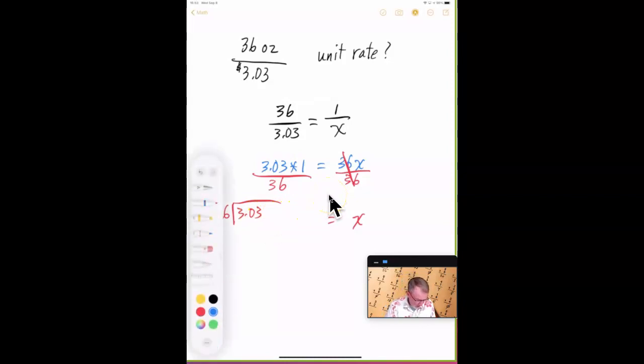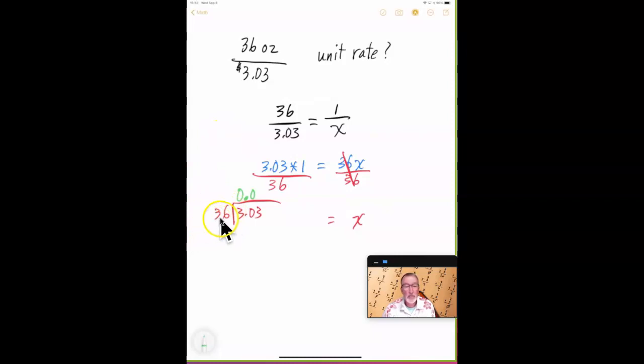Let me change colors here. Let's go to green. All right. So 36 won't go into 3, so it's a 0. 36 won't go into 30 either, so that's another 0. 36, will it go into 303? Well, not quite 10 times. Maybe 9 times. 9 times 36, 270 plus 54.